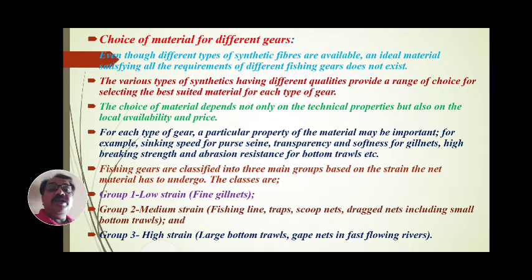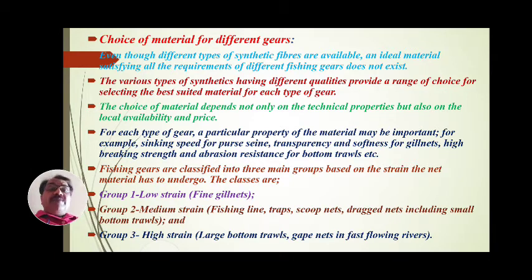For example, sinking speed for purse seine, the material is important. The material chosen should sink to the bottom, for use in purse seine. The material used in manufacturing of gill net should have more transparency and softness, and that material gives good results in gill net.